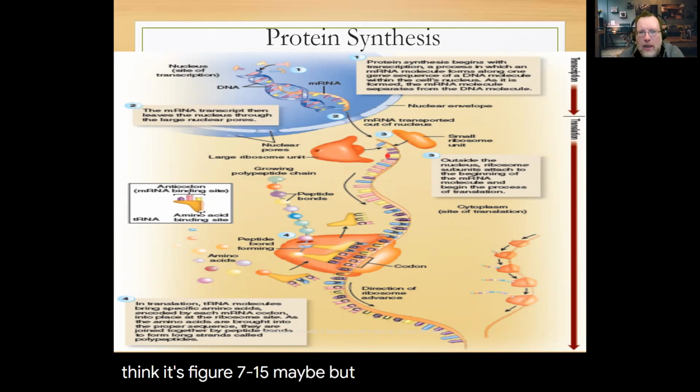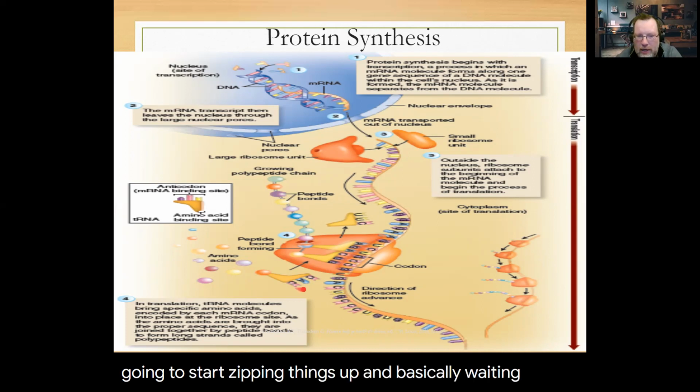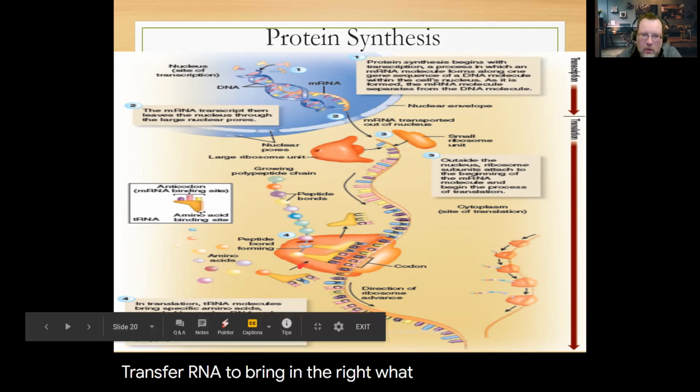But anyhow, we see the transcribing going on in the nucleus. Messenger RNA comes out, and we get these ribosomal subunits that are going to basically clamp and connect together. And we're going to start zipping things up and basically waiting for transfer RNA to bring in the right, what we call codon.